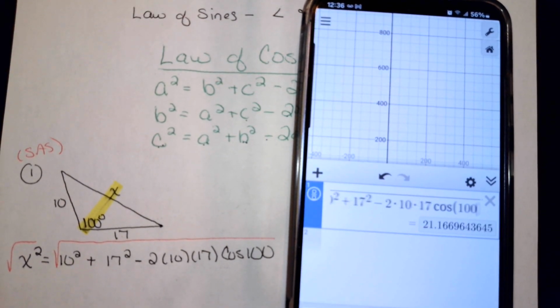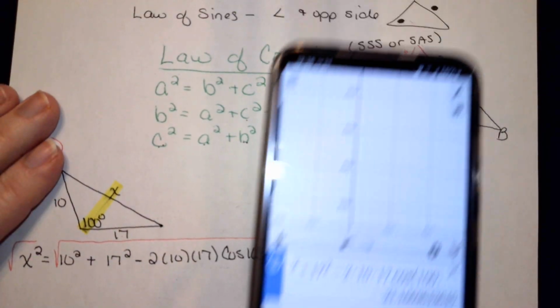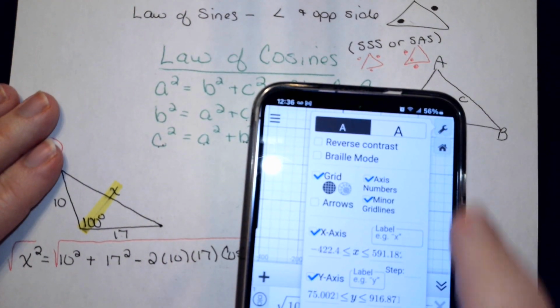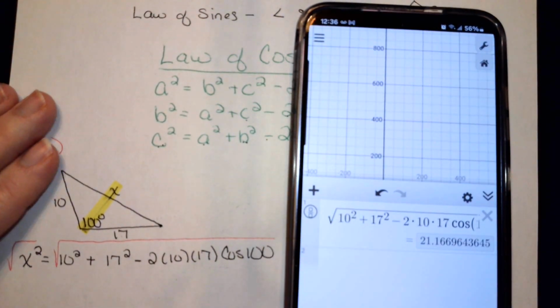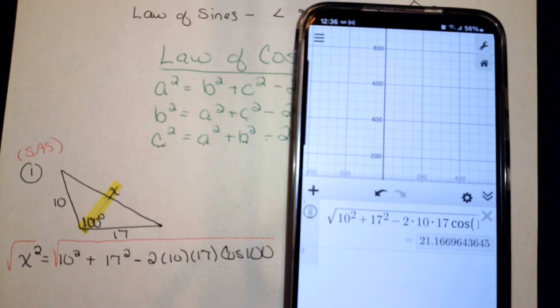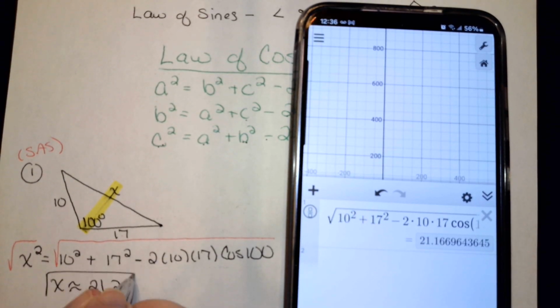Now again, make sure that your mode is in degree mode. If it's not in degree mode, you will get the wrong answers. All right, so we get 21.2. Okay, so here x is approximately 21.2. And there we go.